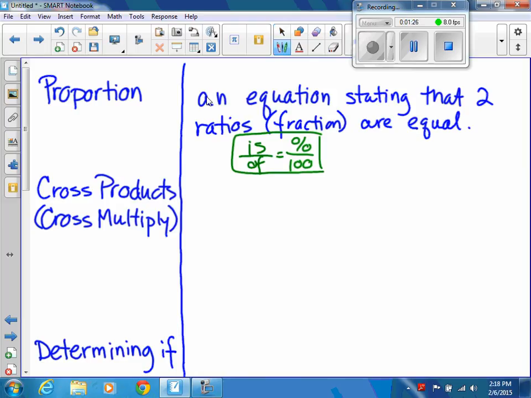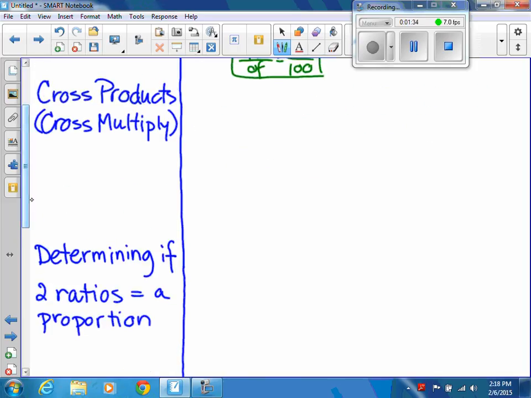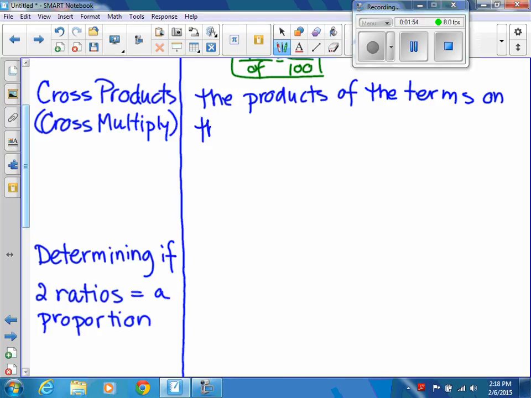All right, cross products, you might have also heard this as cross multiply. That's how I've always said it growing up, always cross multiply. But what we're talking about here is the products of the terms on the diagonals when two ratios are being compared.